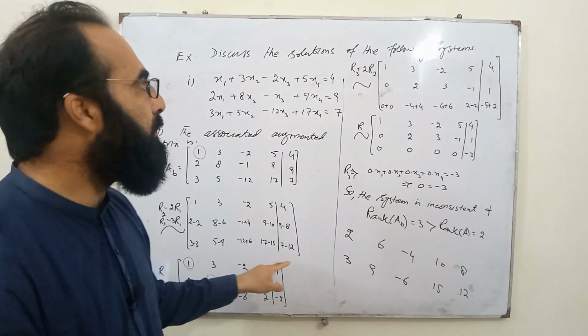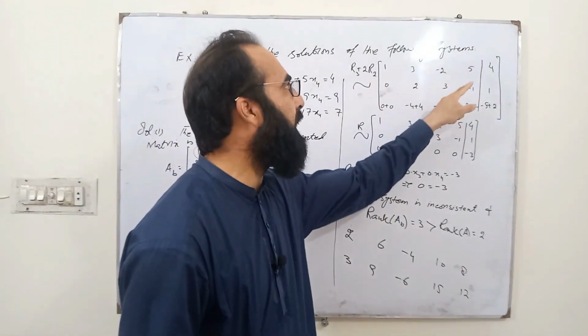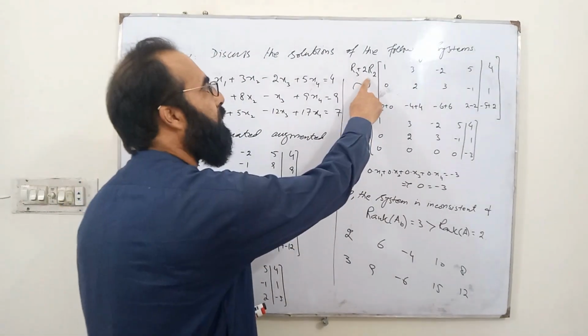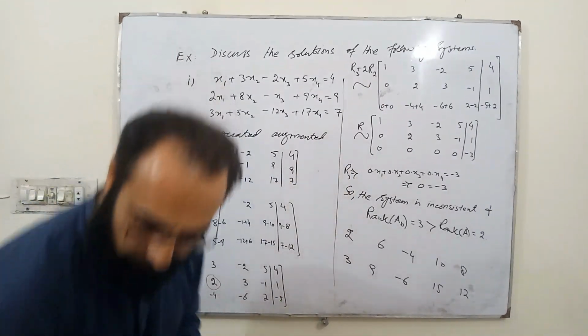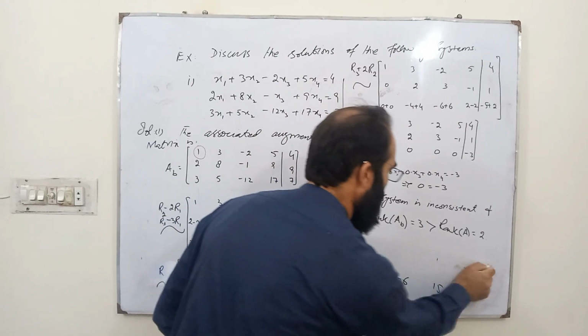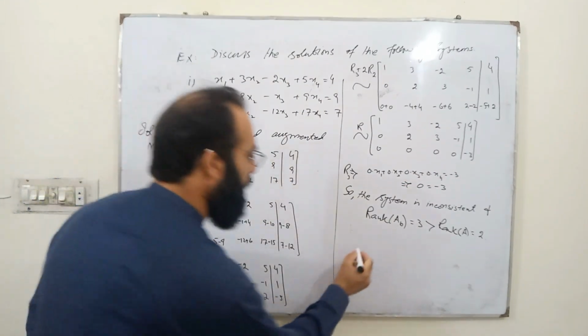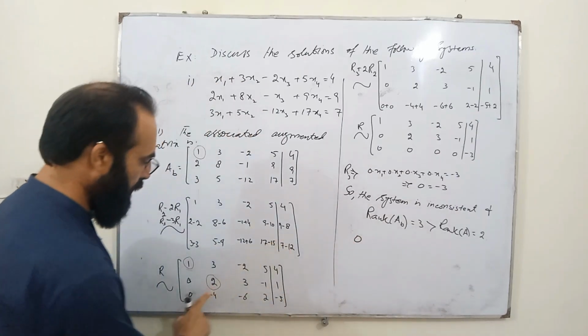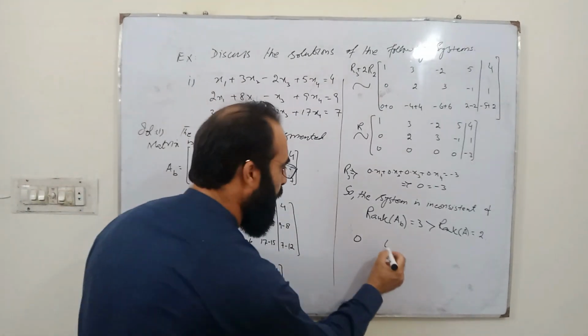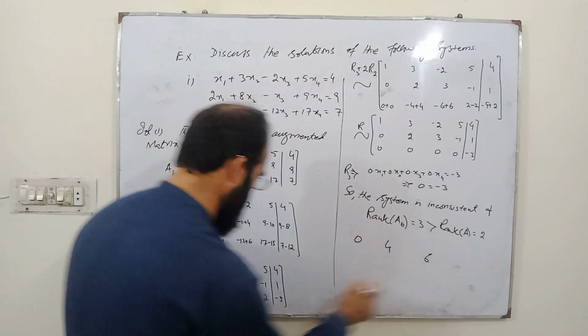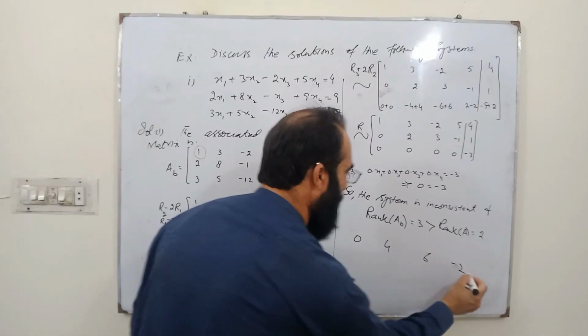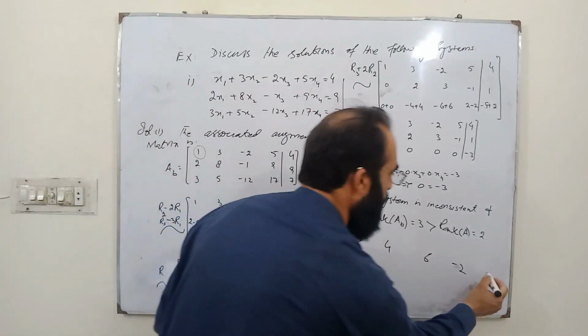The first row will remain the same, the second row will remain the same, and 2 times R2 is basically: 2 2s are 4, 2 3s are 6, 2 minus 1s are minus 2, and 2 1s are 2.